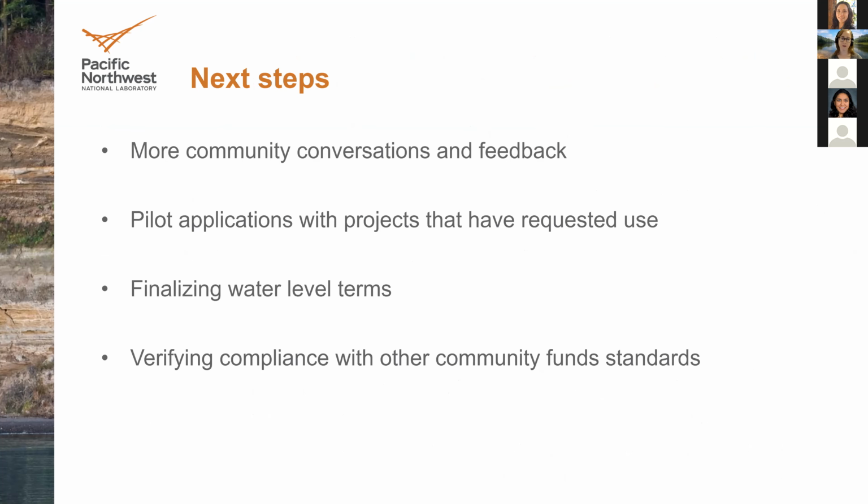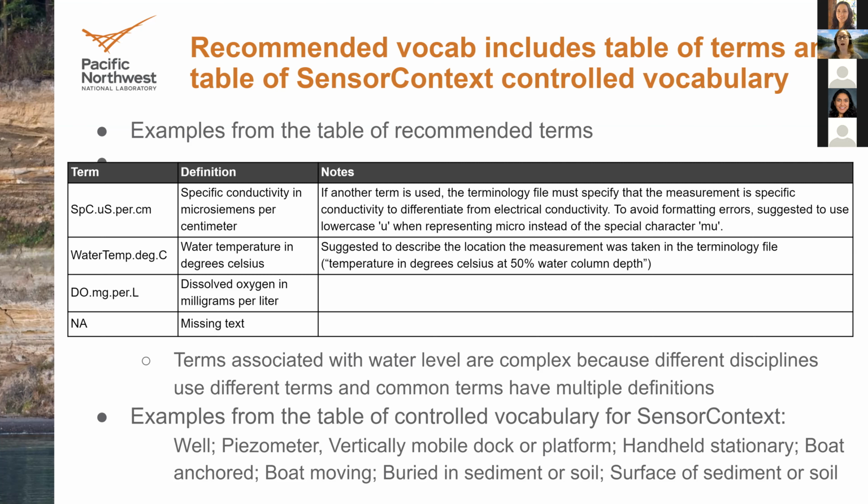So, one last point. The water level terms are also, of course, listed here for the recommended terms that we have. We have quite a few of them. They are definitely more complex than the other more basic, like specific conductivity and temperature, parameters.